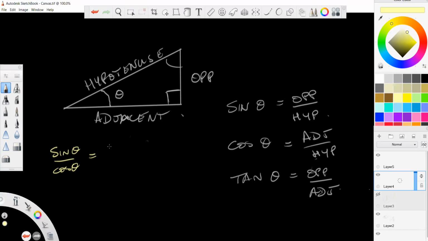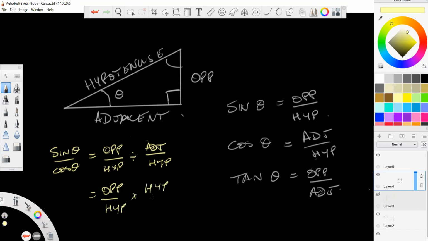One of the reasons I told you how to do division of fractions is that dividing is the same as multiplying by the same fraction flipped upside down. So it's the same as multiplying by hypotenuse over adjacent. The two hypotenuses cancel out, and that's going to be opposite over adjacent. Oh, look at that. That's tan theta.